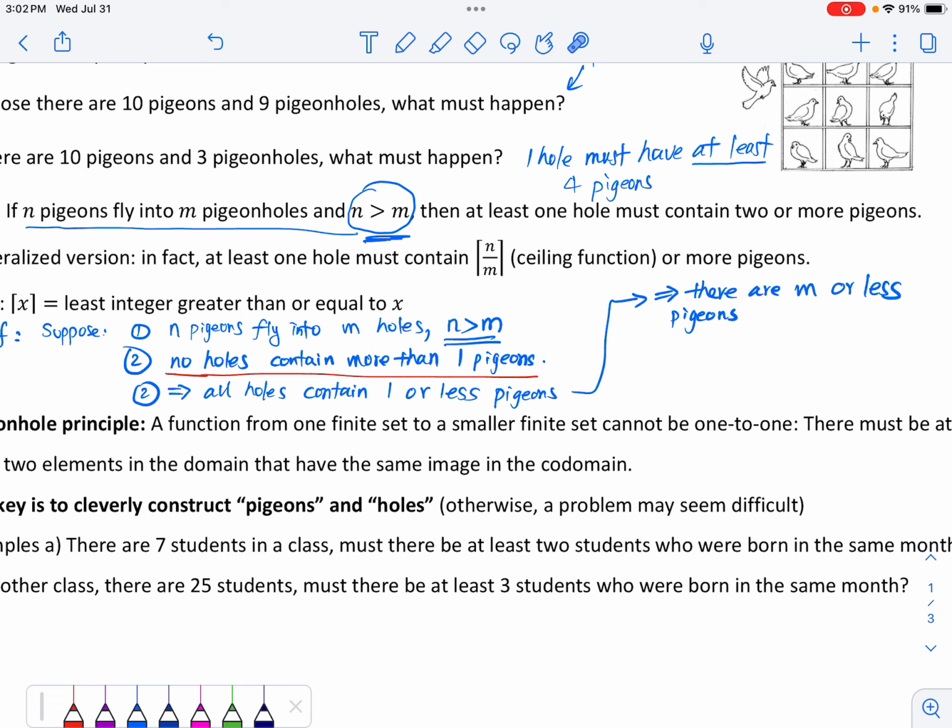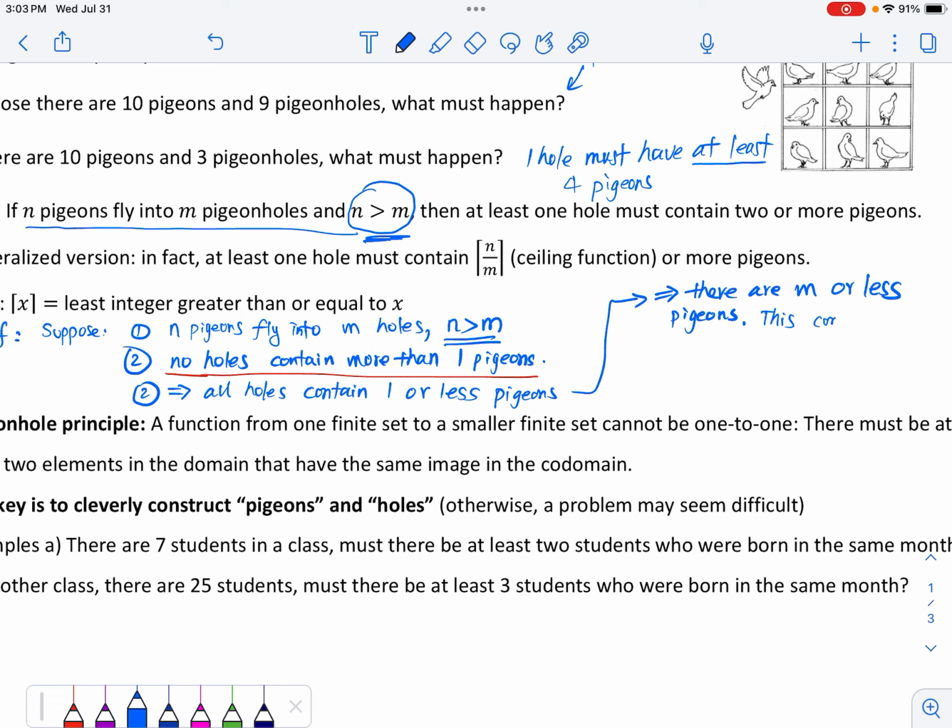Now do you see that this is a contradiction? Because we say there are n pigeons where n is greater than m. But from statement number 2, we conclude that there are m or fewer pigeons, which contradicts what we supposed. So this is a contradiction.